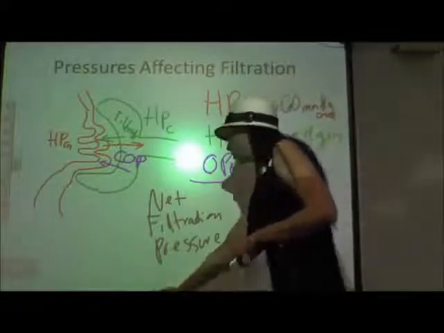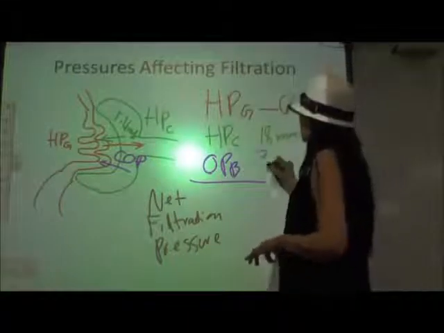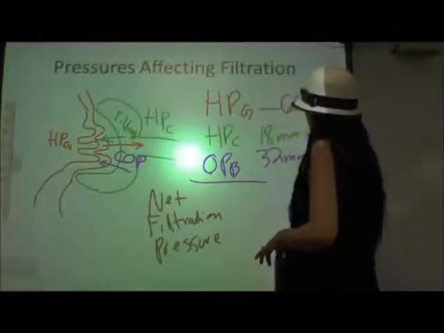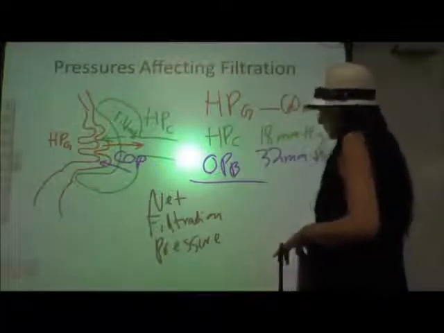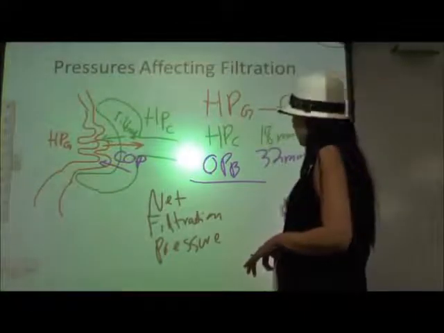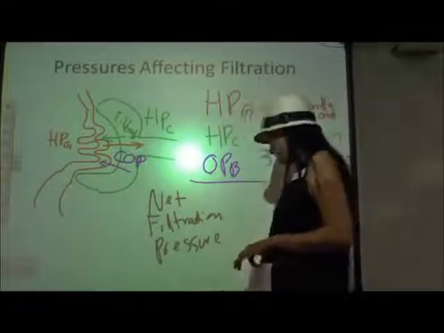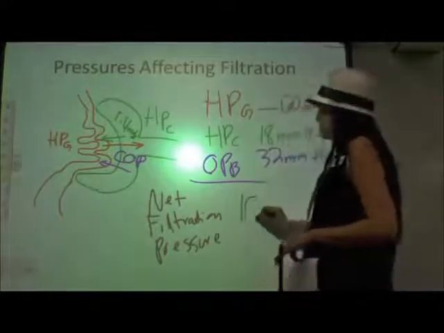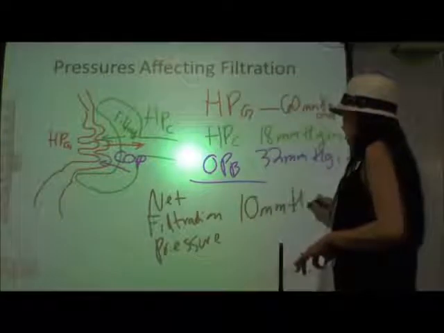And then our colloid osmotic pressure is going to be about 32 millimeters of mercury back in. And so our net filtration pressure, if we take all of these things into consideration, is going to be about 10 millimeters of mercury out.